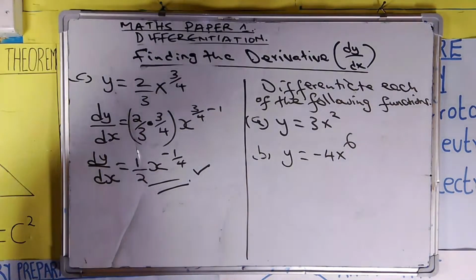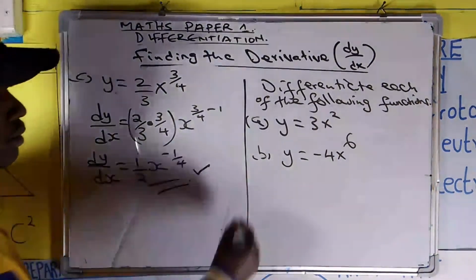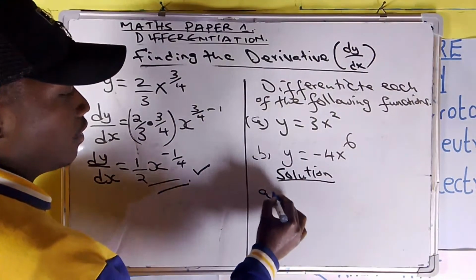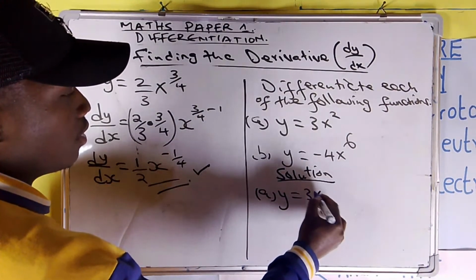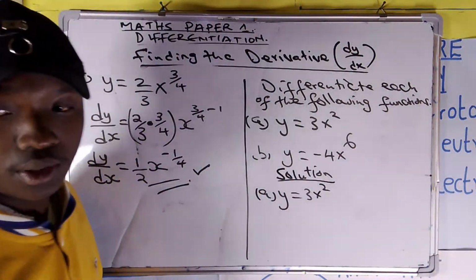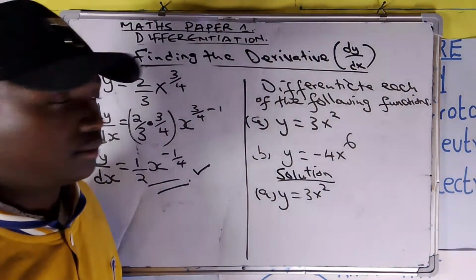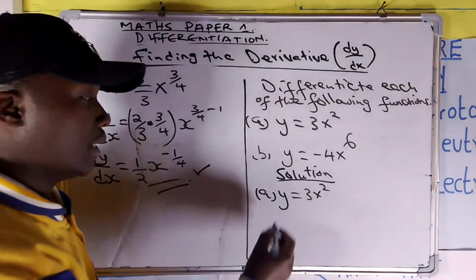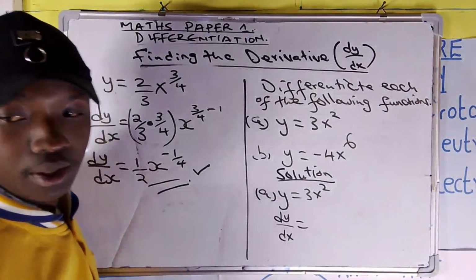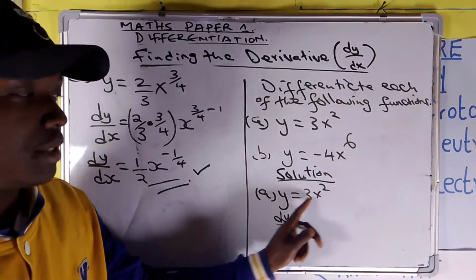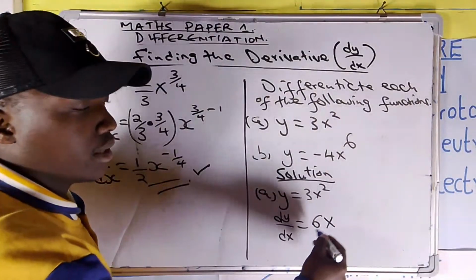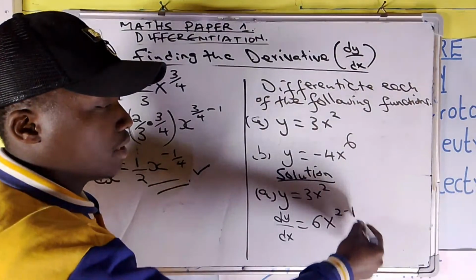So, yes, let us check out the solution of the first one. y is equal to 3x squared. So what we are going to do in this case, we will find dy over dx, which will be equal to 2 times 3 is 6, then x to the power 2 minus 1.